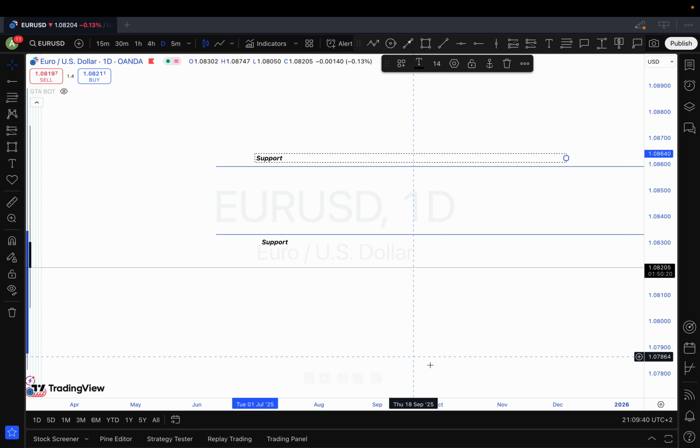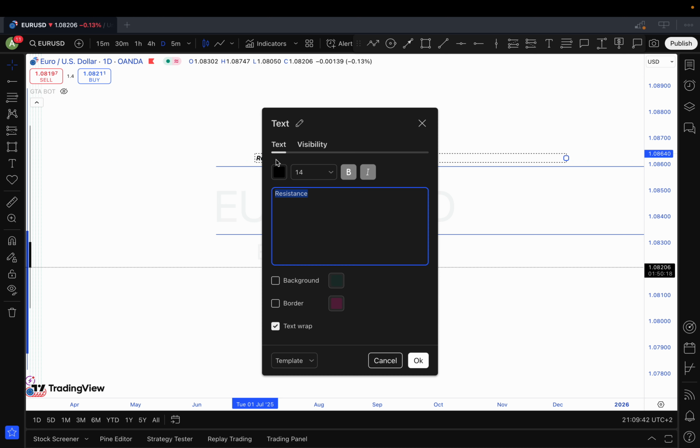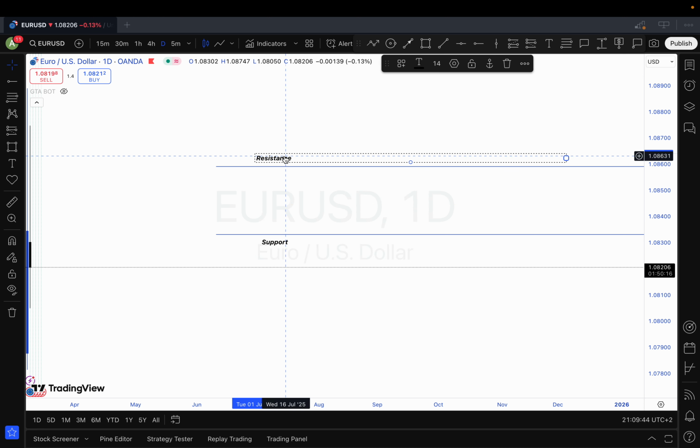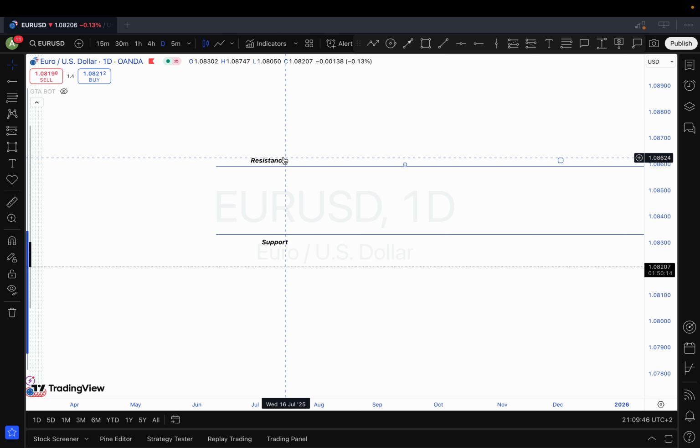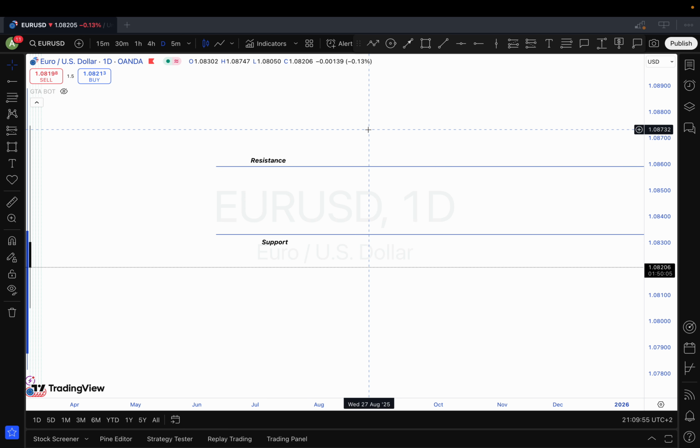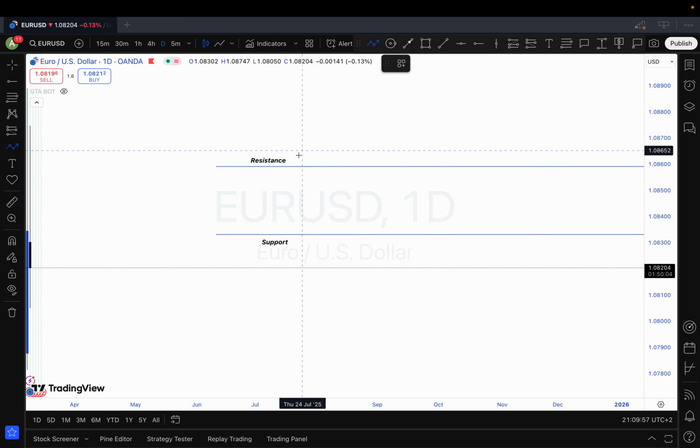So we have resistance here. Okay, we have resistance here. And the principle is that whenever we are at a resistance, there's always going to be a decline in the market. When there is a decline, that means we are looking forward to a sell.